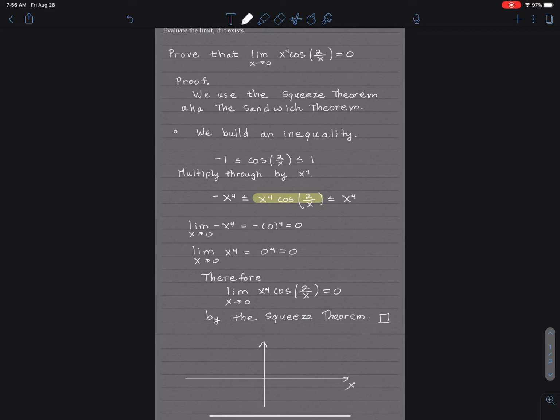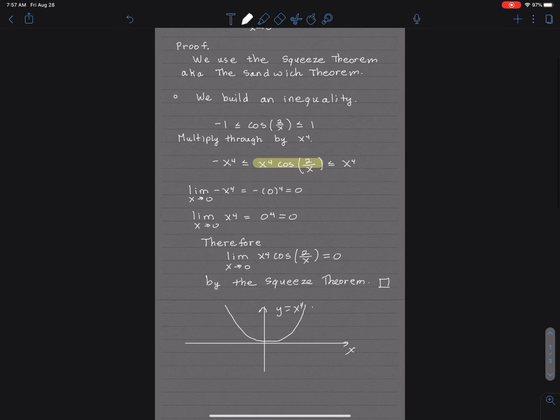On the top, x to the fourth roughly looks like a parabola, more of a U shape. I have y equals x to the fourth on the top and negative x to the fourth on the bottom.